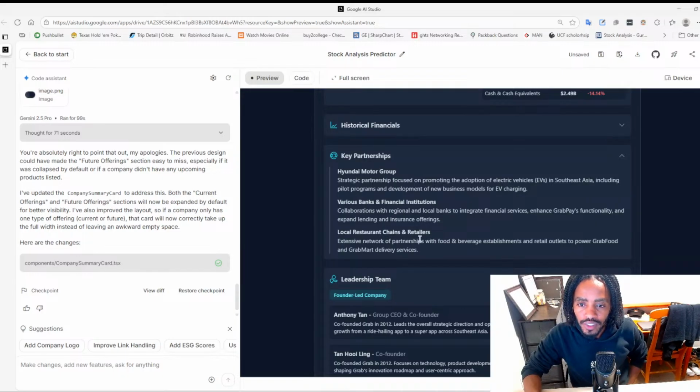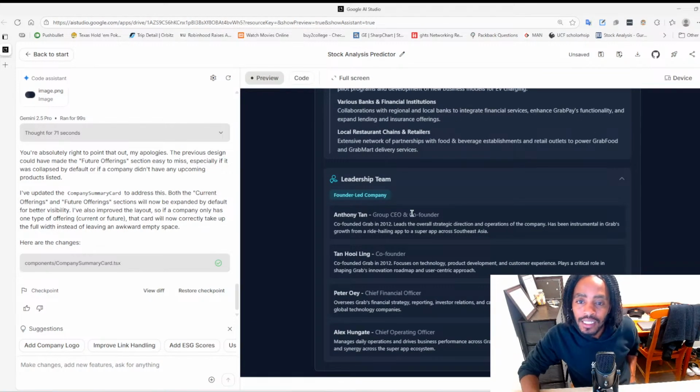Local restaurant chain retails: extensive network of partnerships with food, beverage establishments, and retail outlets to power Grab Food and Grab Mart delivery services. Leadership: Group CEO and co-founder, who founded Grab in 2012, leads the overall strategic direction.